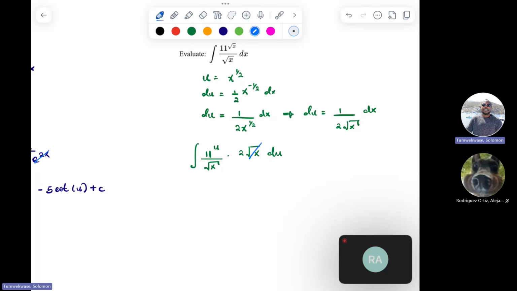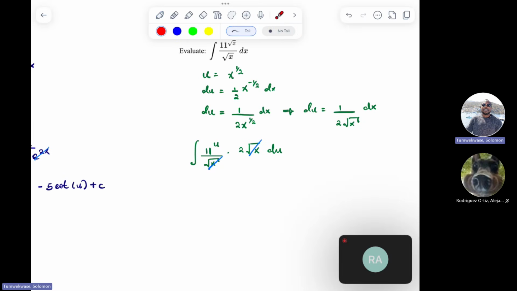And then this square root of x and that square root of x will cancel. Now, if you want, you could have left this as u and this as u, but still that u and that u will cancel, so it doesn't matter.